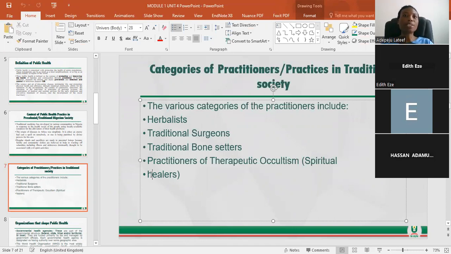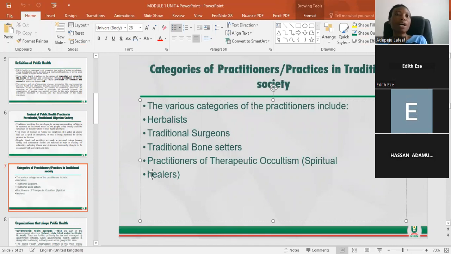So what the nurses and the doctors are doing now is to meet with them and talk with them, and see how we can help them modify the kind of treatment they give, and at what time they should not keep a patient with them.